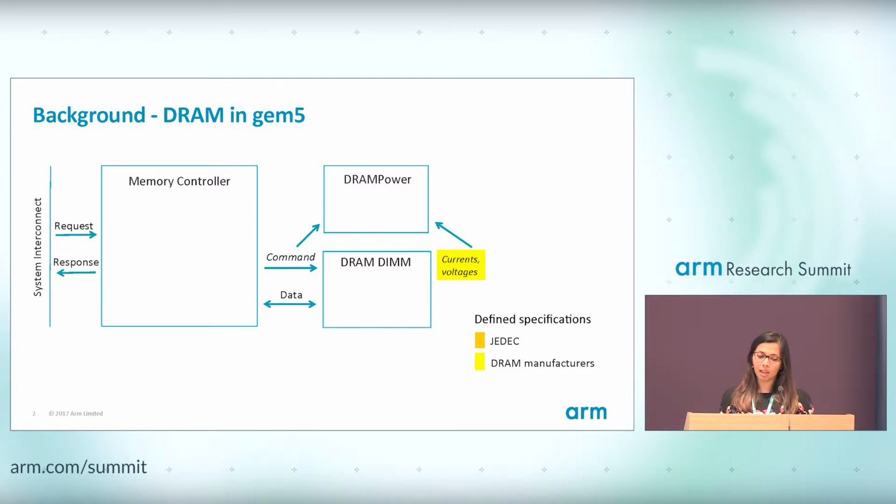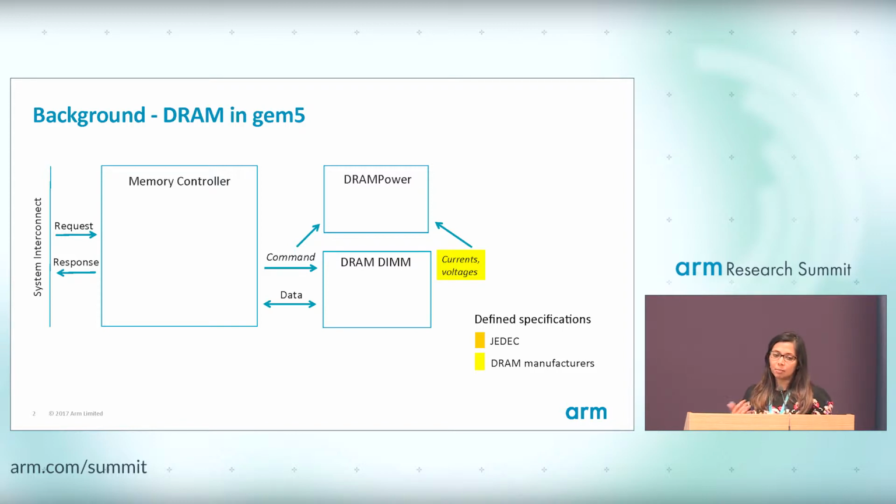One other thing to note is that the memory controller implements a state machine in order to correctly communicate with this DRAM interface, based on the specification from the JEDEC standards body, and all controllers have to obey the strict command sequences and timing constraints.